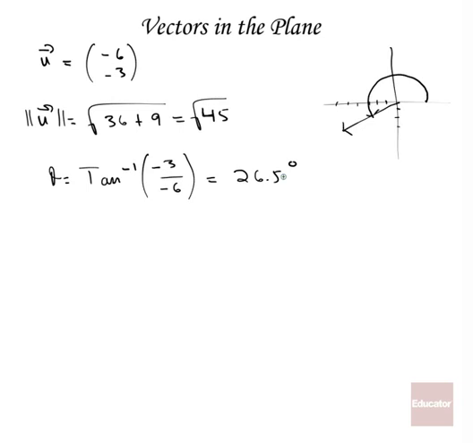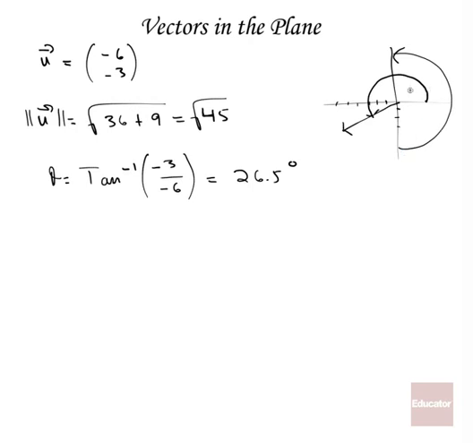If you remember from your trigonometry, whenever you take the inverse function, the value that your calculator gives you for your angle is going to be between -90 and +90, because the period of the tangent function is pi.